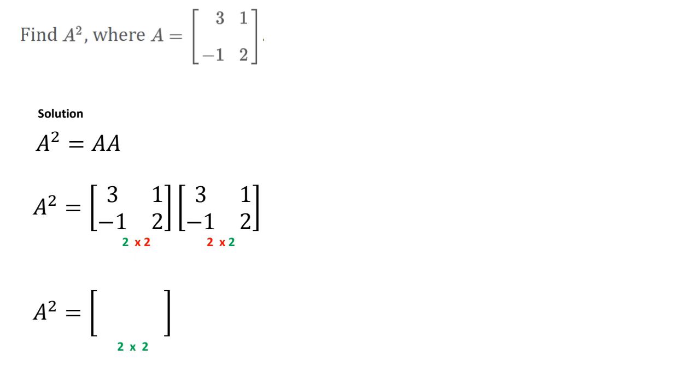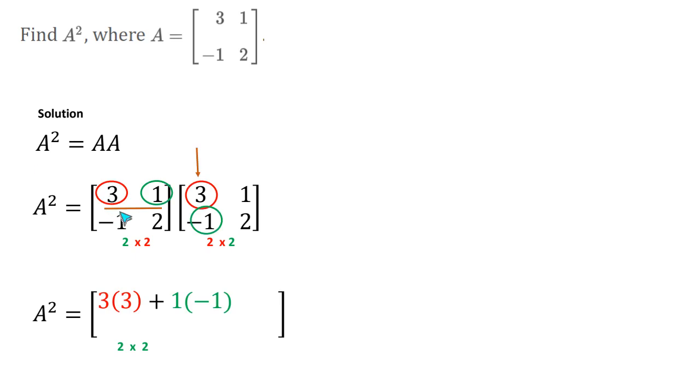So to do the work, we're going to look at this first row. If you notice, I have a brown line highlighting this first row. So it's this first row times the first column. The first number times the first number is 3 times 3 plus 1 times -1, and that's going to be in this first position. And then I go to the next column.